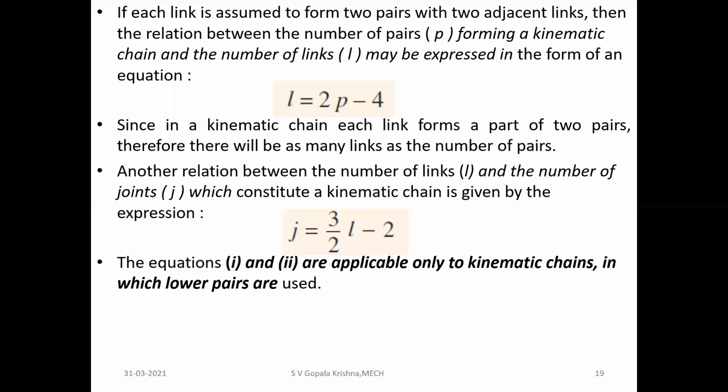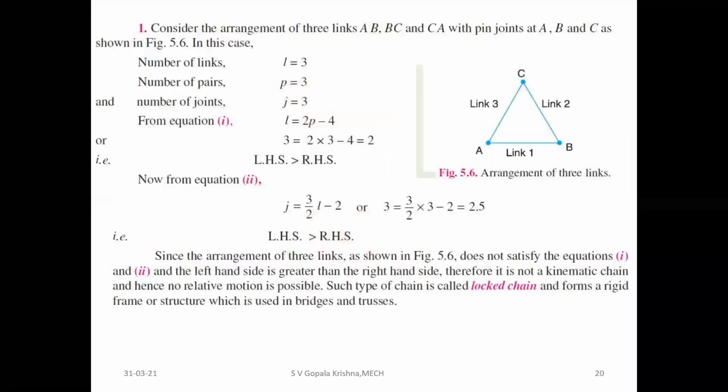We have also solved some problems on which type of chain it is. In the first one, observe the triangular shape. When LHS is greater than RHS, the chain is a locked chain.